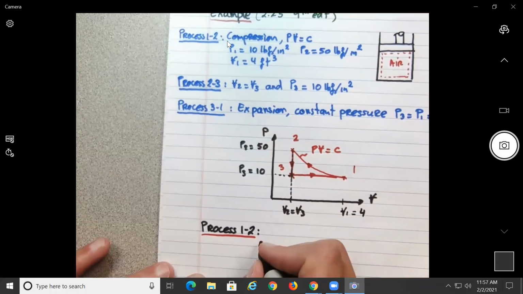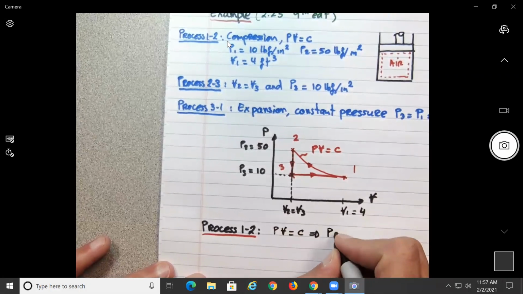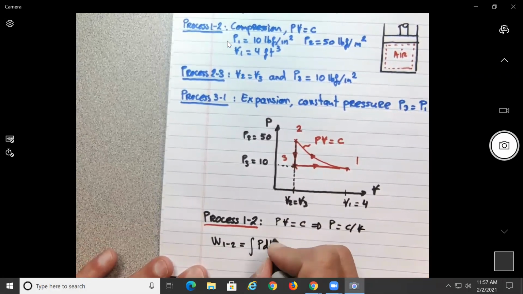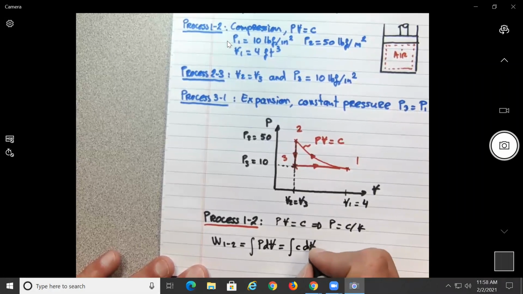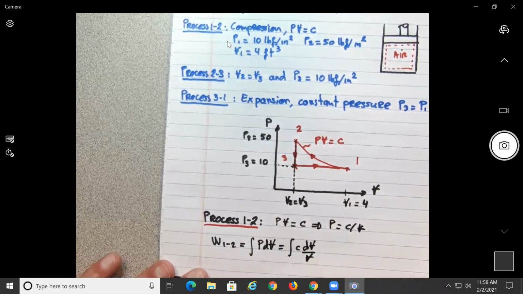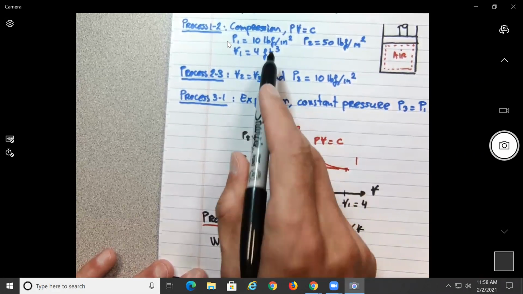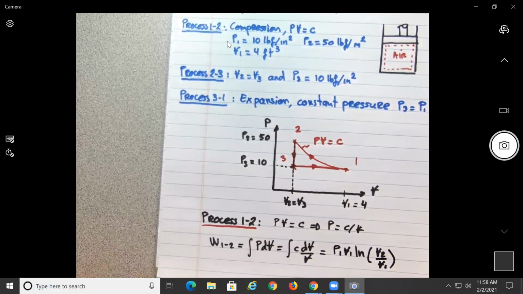So let's say the work done, PV equal to a constant, which means that P is equal to C over V. So the work done going 1, 2 will be equal to the integral of P dV, which is the integral of C dV over V. We know that C can equal PV, so this will be equal to P1 V1 log V2 over V1.